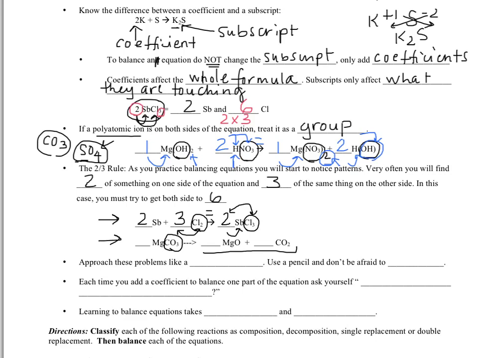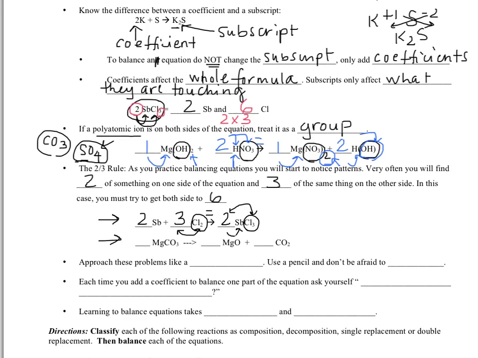It's been broken apart into an oxygen and a carbon dioxide. So I can't try to treat CO3 as a group because that doesn't work very well over on the right side. So I'm going to erase that. This is a case where you can't treat a polyatomic ion as a group, which is unusual, but if the polyatomic ion breaks apart, it's the truth.